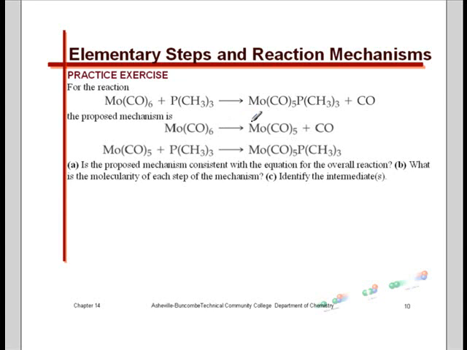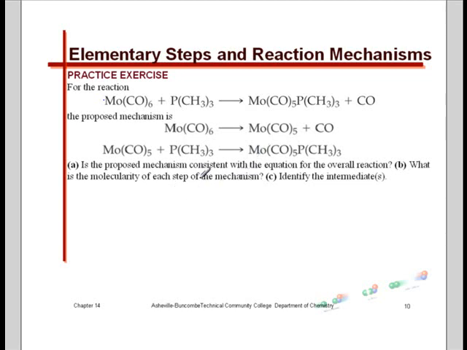Looking at this reaction here, I'm thinking that, well, I guess this is possible, two reactants coming together in a bimolecular reaction. So that's possible here. And they have proposed a mechanism here. Let's just look at the problem.